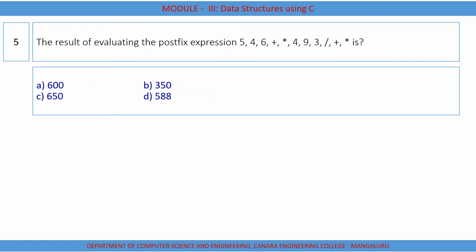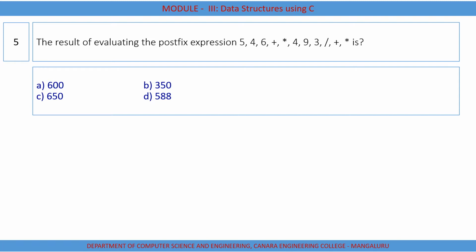The result of evaluating a postfix expression here, 5 4 6 plus star 4 9 3 divided by plus star, is... in this case you have to make use of the concept of a stack. If you want to evaluate a postfix expression, you have to scan the given postfix expression from left to right.